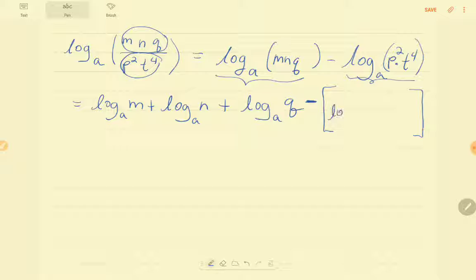Okay, so then I have the log base a of p squared plus the log base a of t to the 4th power. And I can distribute that negative.